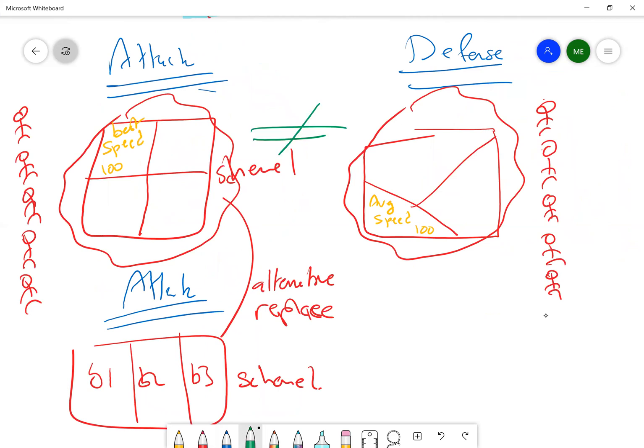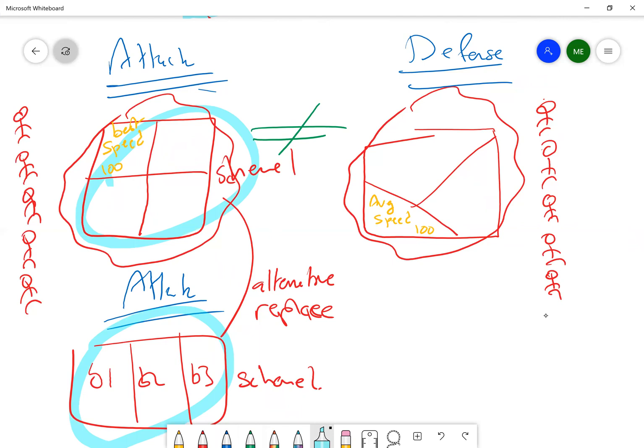However, this one and that one, defense and attack, they're 2 different characteristics. Everybody follow me on this? There's a difference between when I have a characteristic and I want to decide upon the different partition schemes, and I want to choose this one, or this one, or that one.